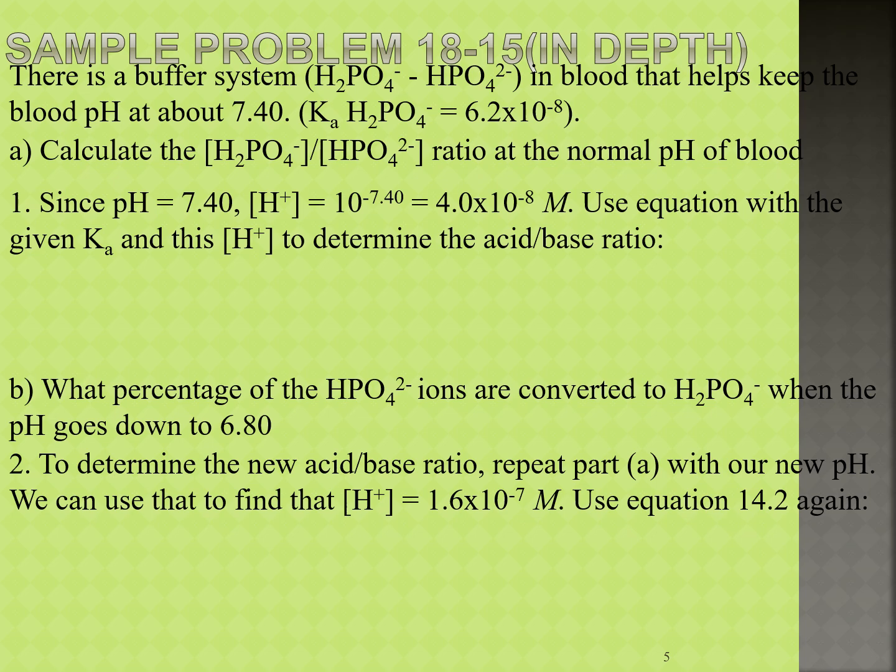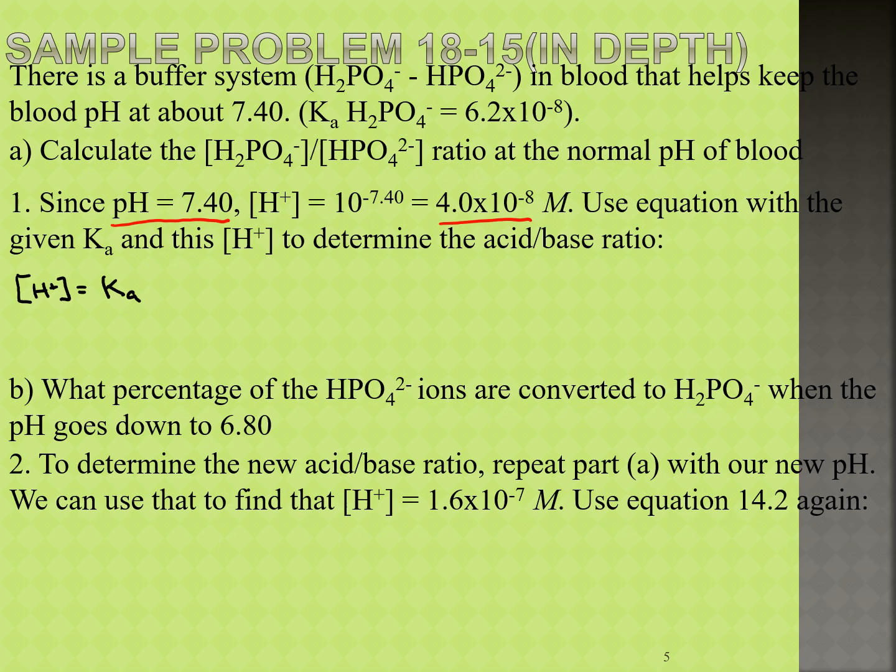Well, I know first off that with our normal pH, the H plus concentration is going to be 4 times 10 to the minus 8. We can use that to solve for our ratio of acid to base, remembering that our H plus is equal to our Ka.